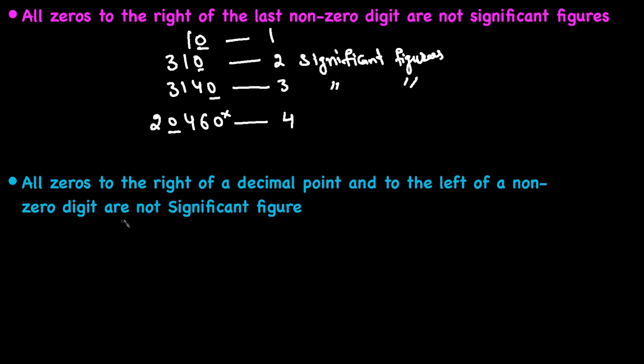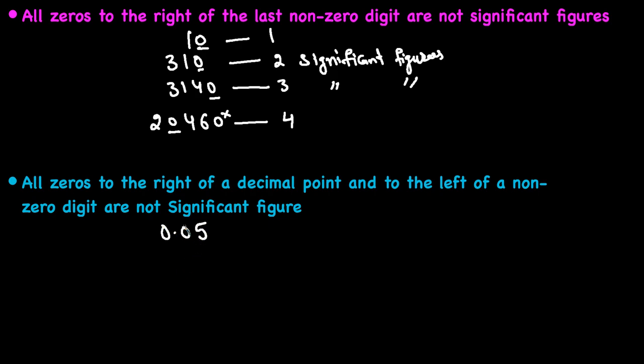All right, so let's go to the next rule over here, which says all zeros to the right of a decimal point and to the left of a non-zero digit are not significant figures. So let me write an example over here. Let's say we got 0.05.